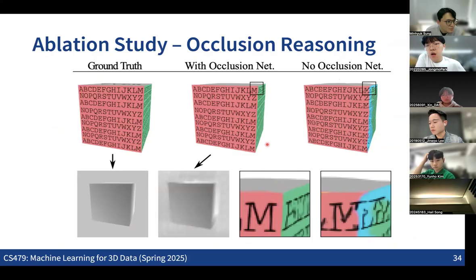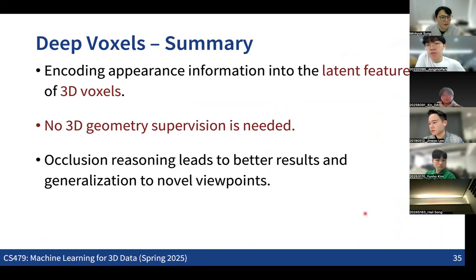Especially when you have the notion of occlusion and visibility, we can get clearer results like this, while there are some error cases in the other case. So it sounds very impressive that we can utilize the camera model for the 2D to 3D mapping and this feature integration.